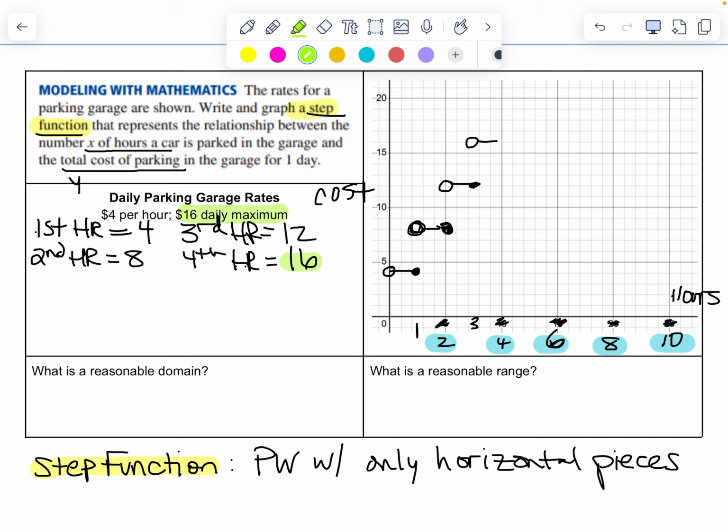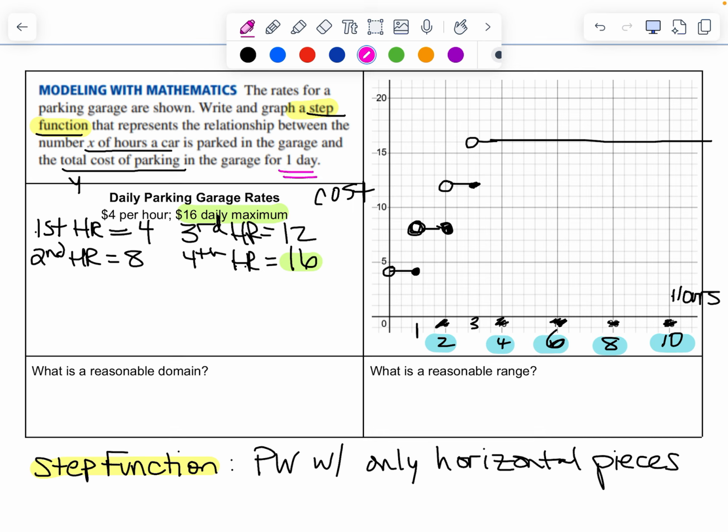Now, in this situation, with the graph that we have right here, this would go all the way and stay at $16 until we got to the full day.